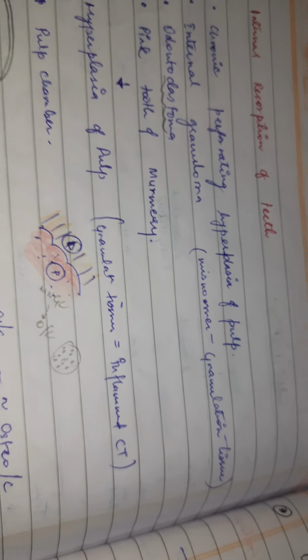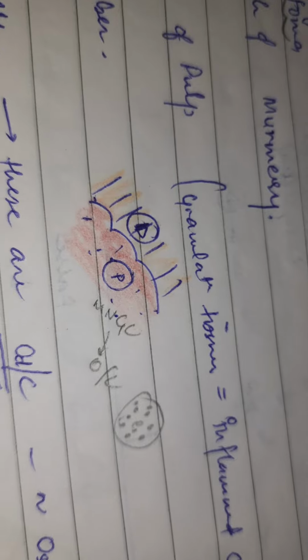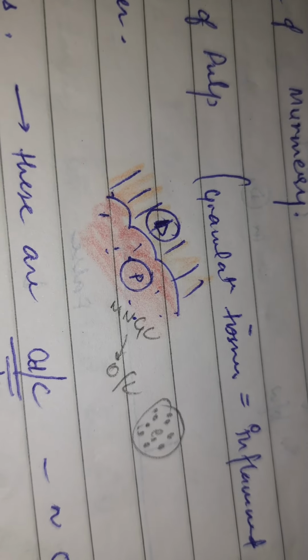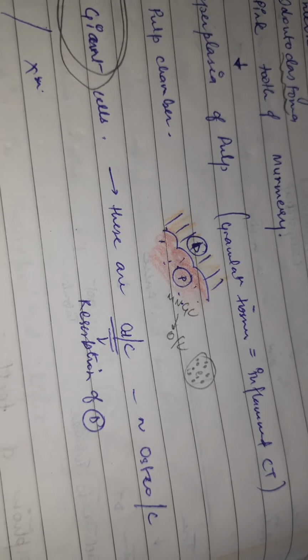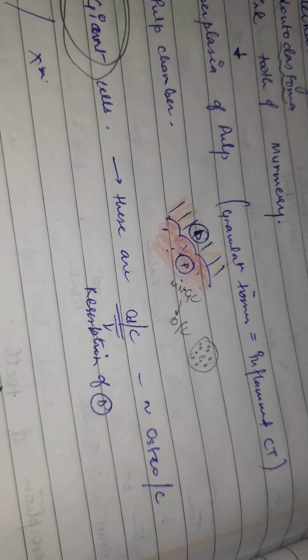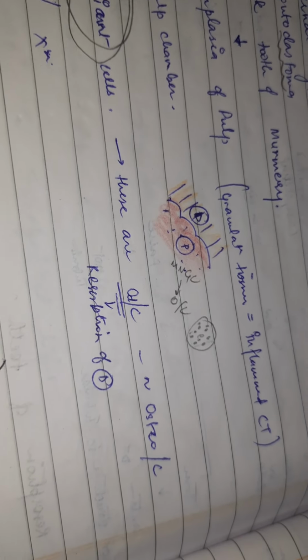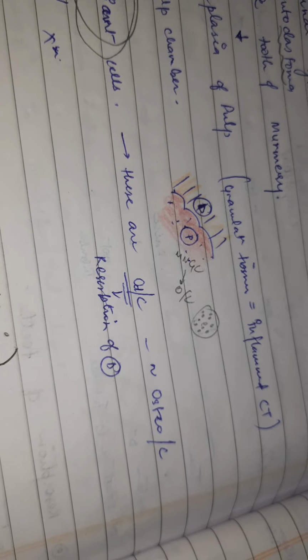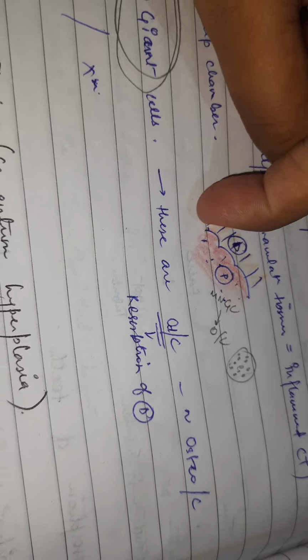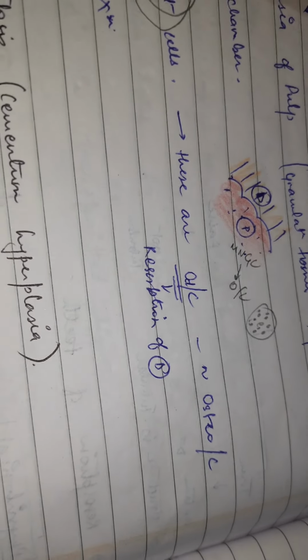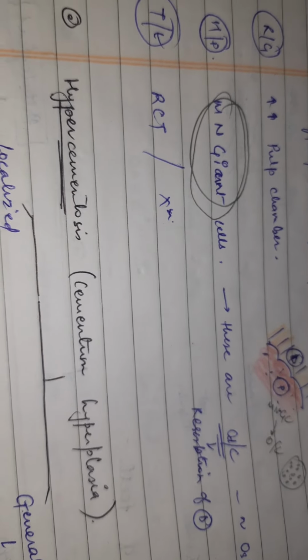The pulp is rich in multinucleated giant cells, which are composed of osteoclasts. This causes resorption of dentine from inside, and a scalloped border is formed, with osteoclasts present. Treatment is RCT or extraction.